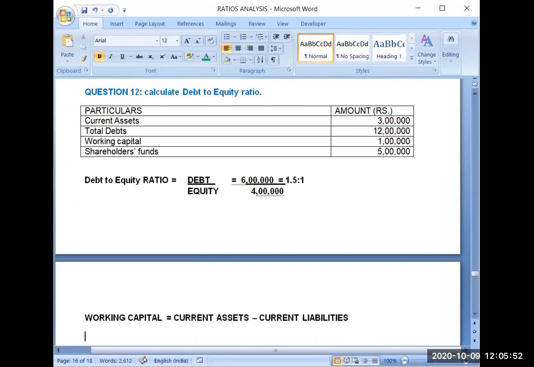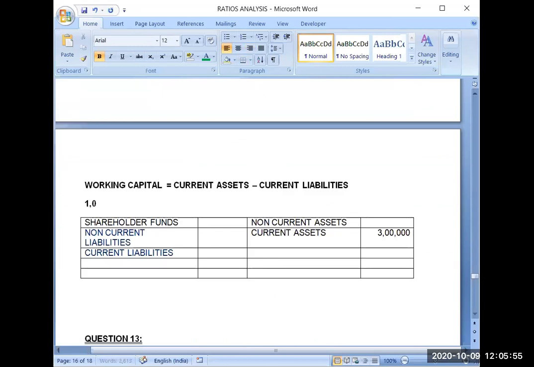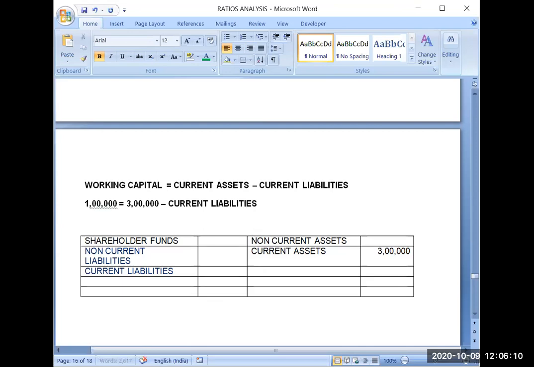So working capital is given in the question as 1 lakh, is equal to current assets, also given as 3 lakh, minus current liabilities. So current liabilities will be equal to 3 lakh minus 1 lakh, which is 2 lakh. So now I got the current liabilities.